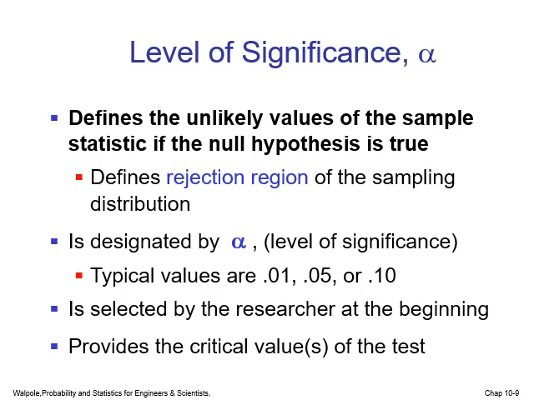This value is typically 0.01, 0.05, or even 0.1, and it should be selected by the researcher at the beginning of the research when we work with the data, and this value provides the critical values of the test.